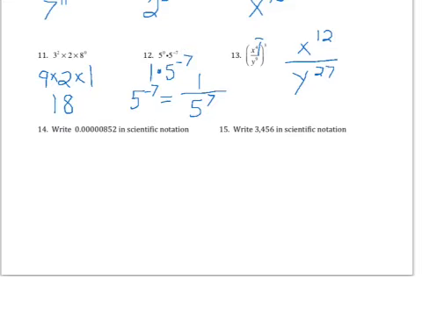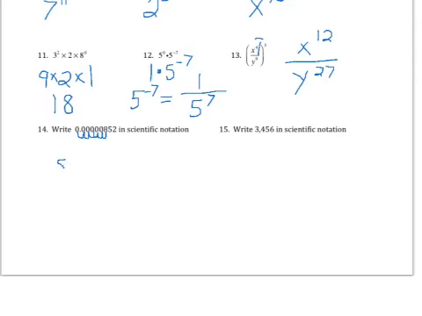For scientific notation, we need to make whatever number we have a number that is in between 1 and 10. So if we have 0.000000852, we need to move the decimal point over 1, 2, 3, 4, 5, 6 places.